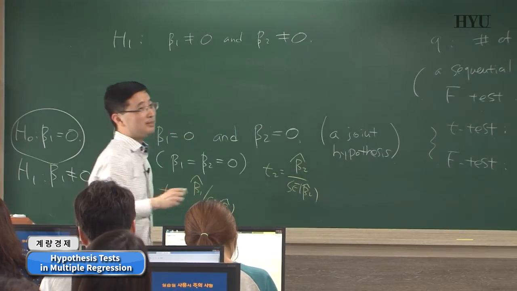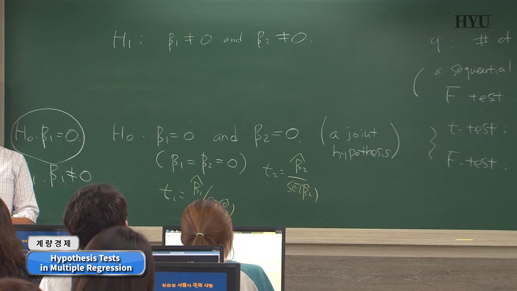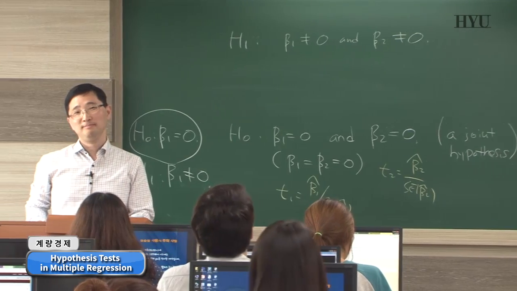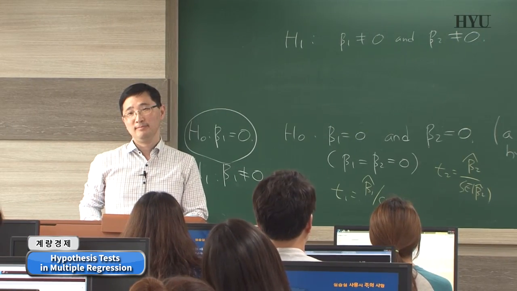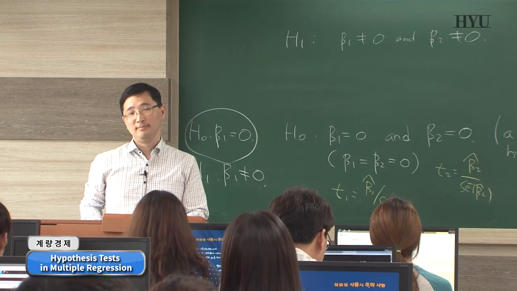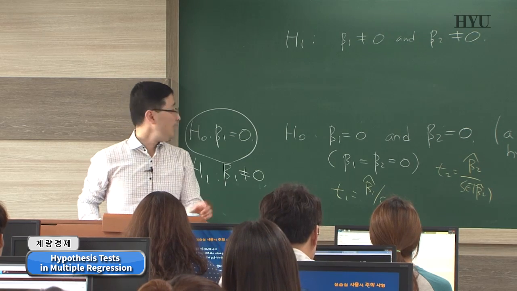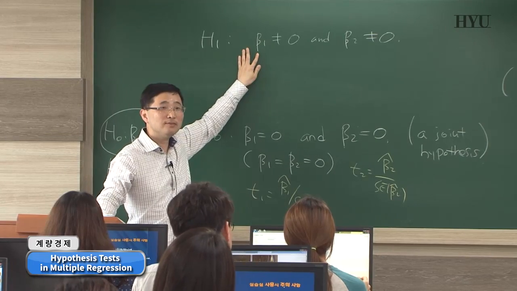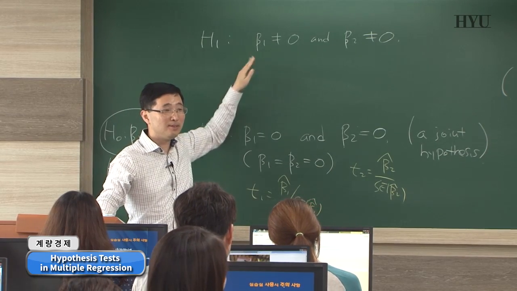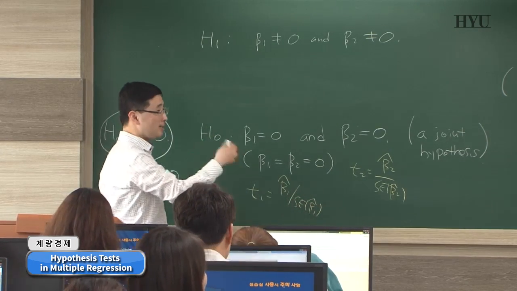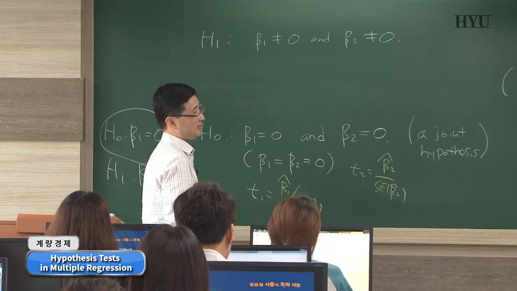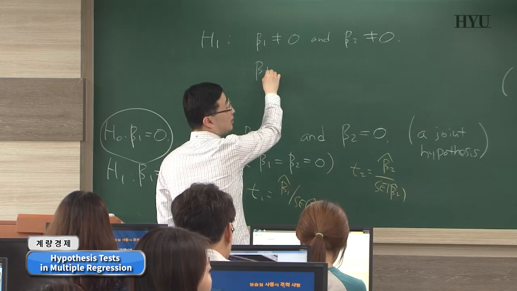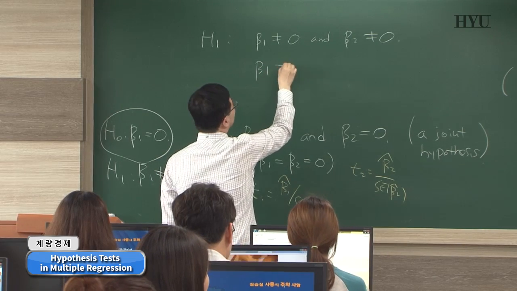Is it the opposite? If it is not, why? If you reject this, does it necessarily mean this? No, right? Because there are more cases, right? What are the other cases? Beta 1 is 0.